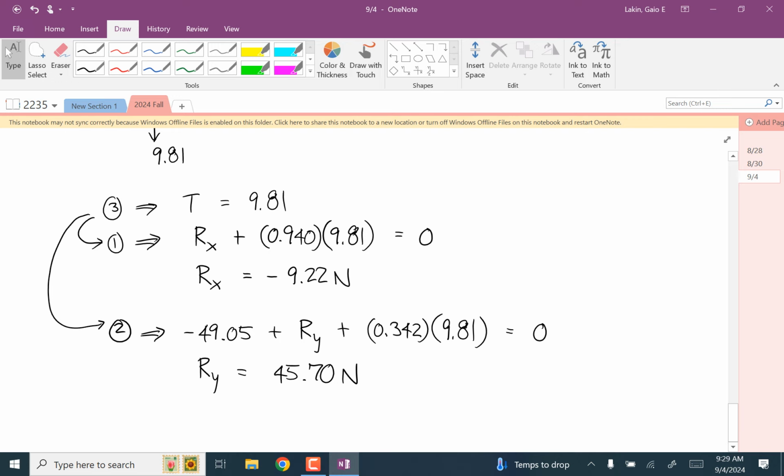It's a little tedious, but doesn't take forever to do that by substitution. But you're going to have problems eventually with 15 equations and 15 variables. And you really, really would rather not do that by substitution.